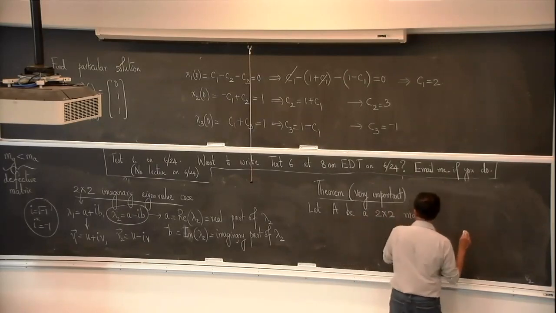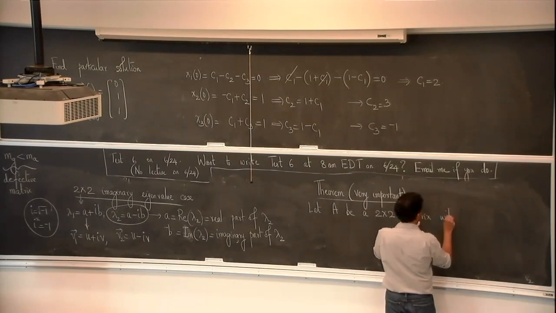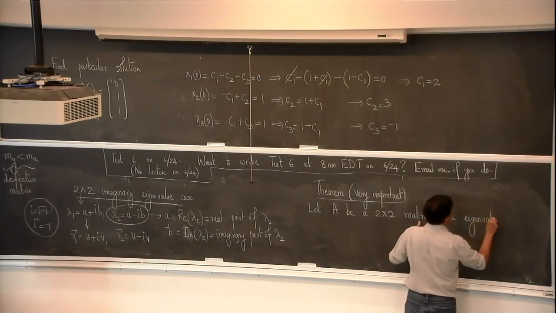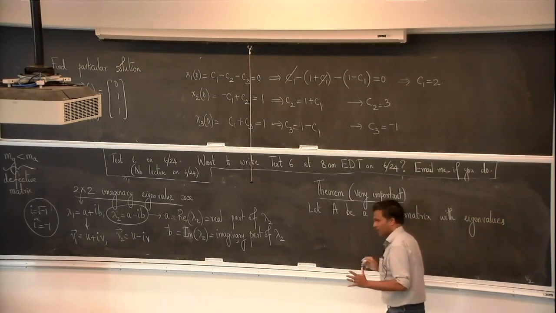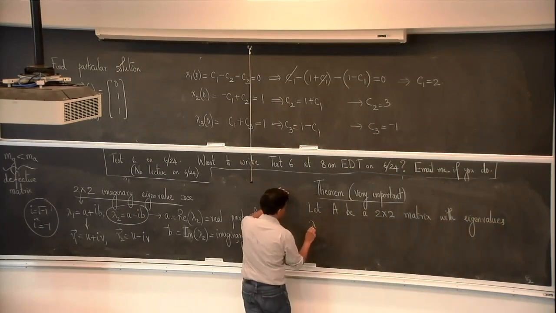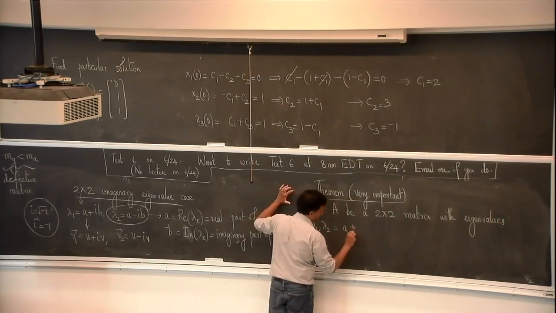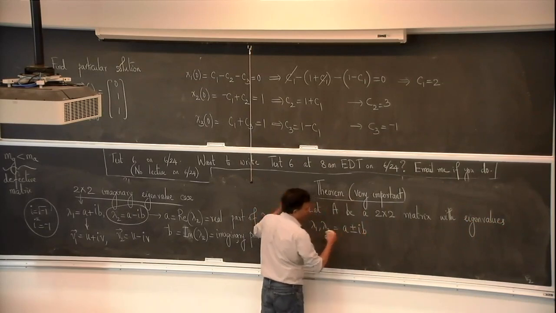So let A be a 2 by 2 matrix with eigenvalues. This is strictly for imaginary cases. Lambda 1, lambda 2 equal to A plus or minus IB. Now I don't care which one you call what.